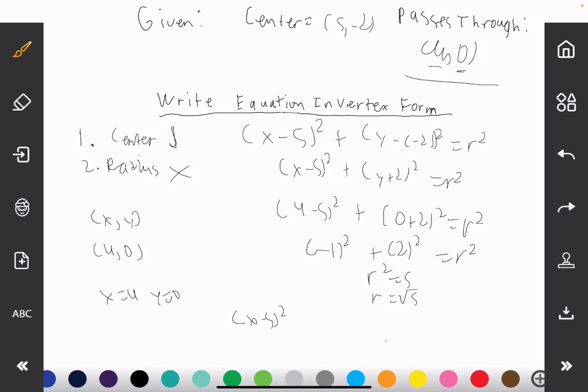So we already have (x - 5)² + (y + 2)², and substituting in the radius, we have the square root of 5 squared. And simplifying that, the final result is (x - 5)² + (y + 2)² = 5.